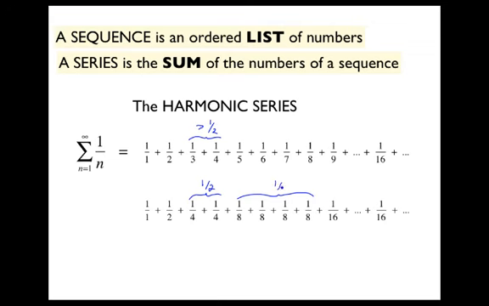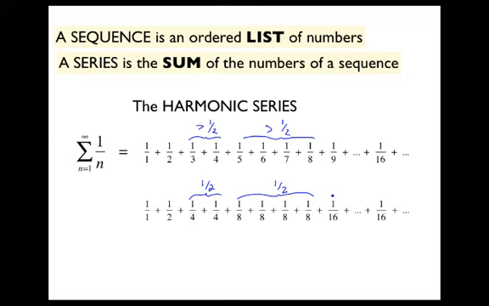How about 1/5 plus 1/6 plus 1/7 plus 1/8? How does that compare to 1/2? Greater, right? Why? Because it's greater than 1/8 plus 1/8 plus 1/8 plus 1/8, which is 1/2.